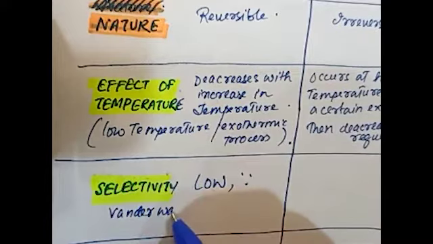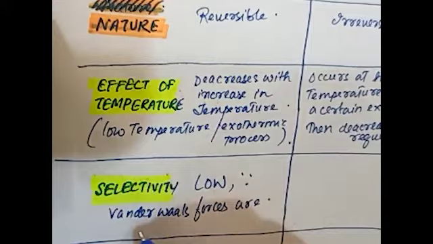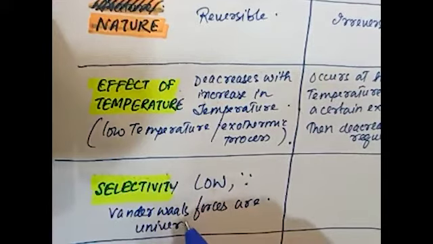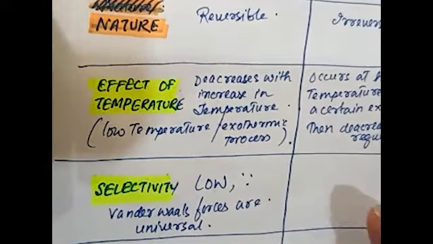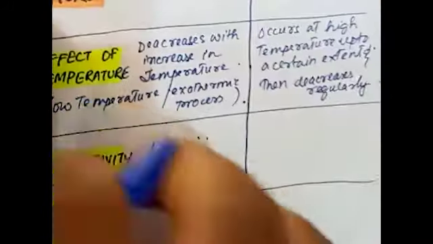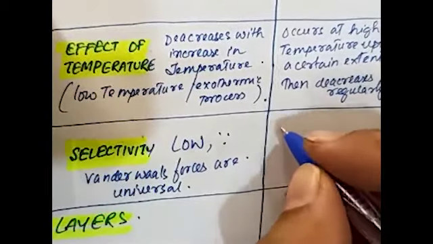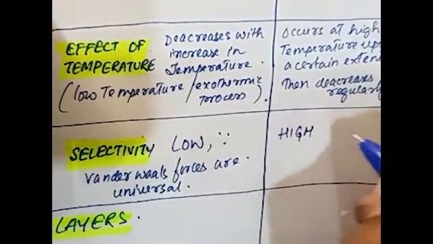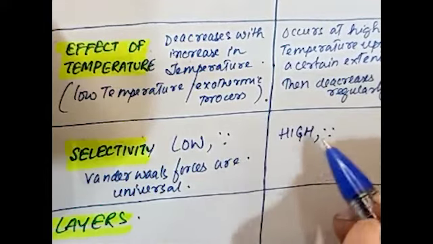Van der Waals forces are universal. This is a universal force. Fine. Since van der Waals forces are universal, in chemical adsorption what will happen? It is high. Why is it high?